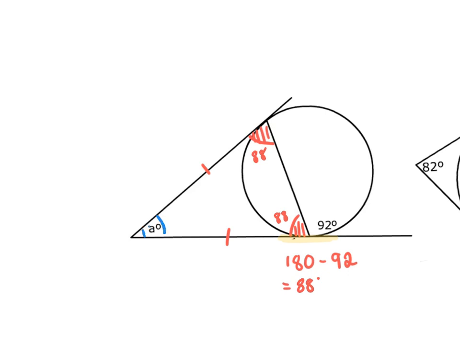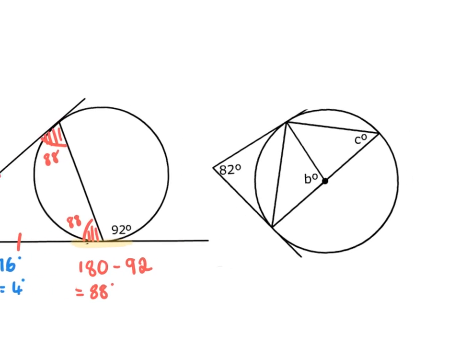Then angles in a triangle, 88 times 2, subtract that from 180, and you will get 4 degrees. Now, looking at this, it doesn't look like 4 degrees, but remember that most or all of these will not be drawn to scale.